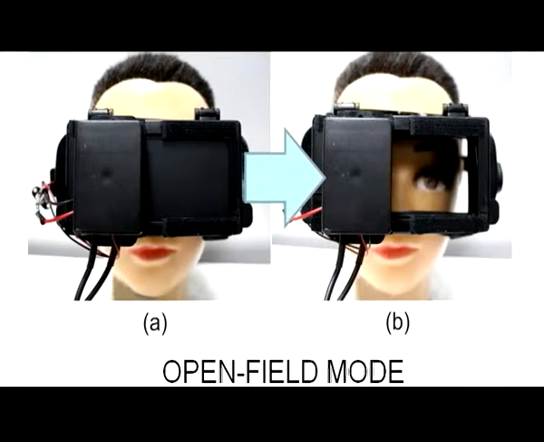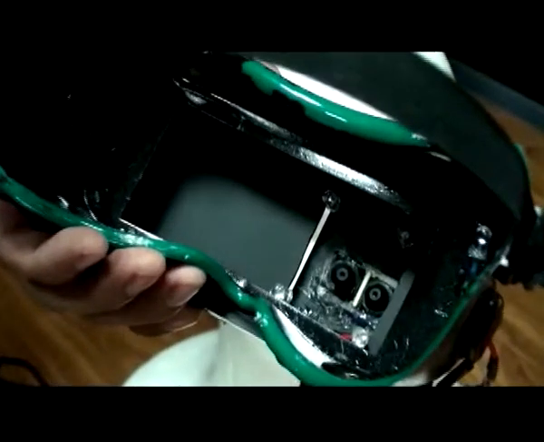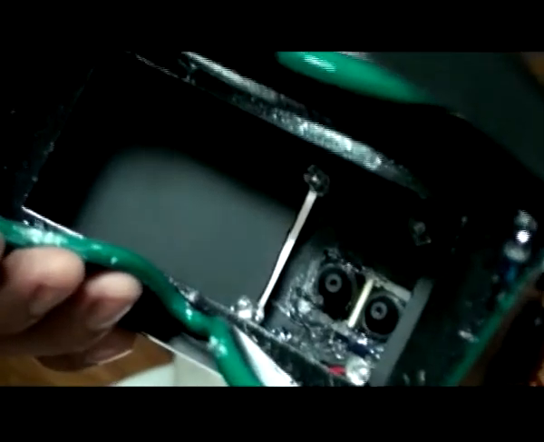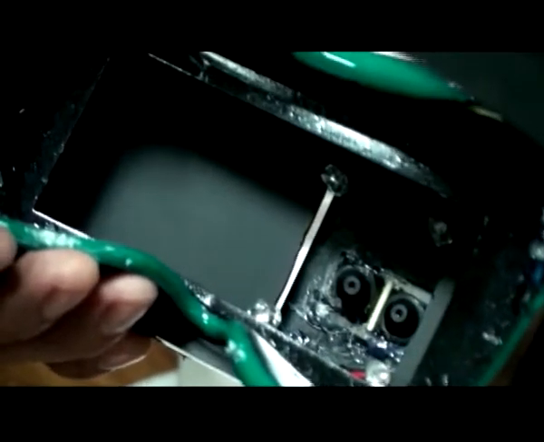And for our experiment, we use open field and also closed field. For the first experiment, we want to measure the voluntary eye movements, where we stimulate the user to gaze at a visual stimulus, and then we track the movement of the eye.